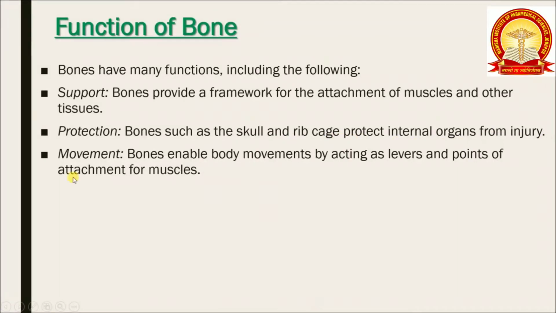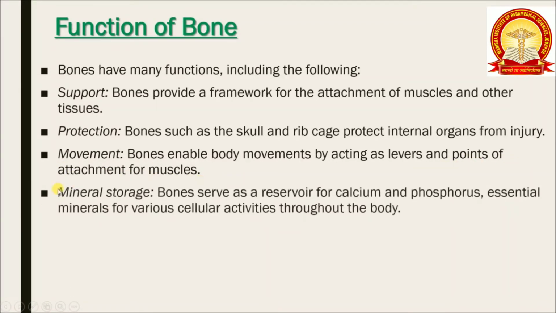And third is movement. Bone enables body movements by acting as a lever and point of attachment for muscles. And fourth is mineral storage. Bone serves as a reservoir for calcium and phosphorus, essential minerals for various cellular activities throughout the body.